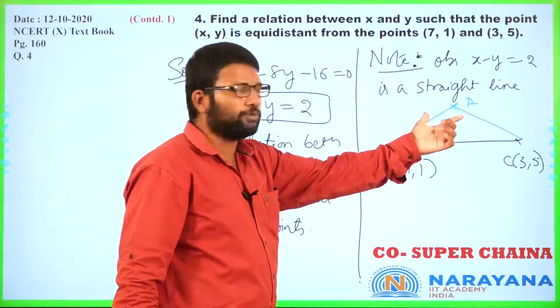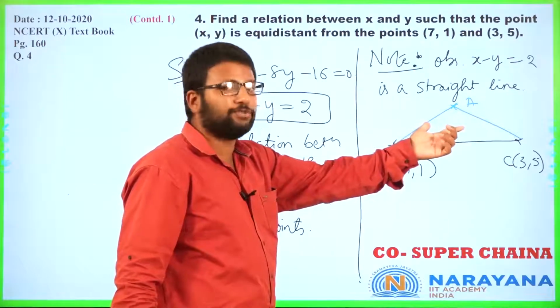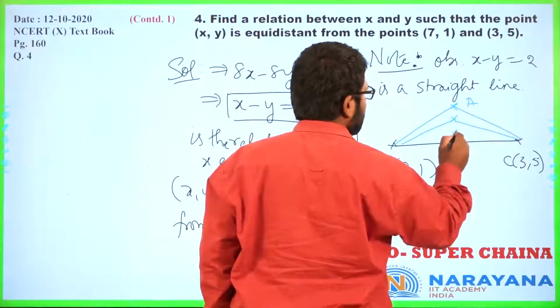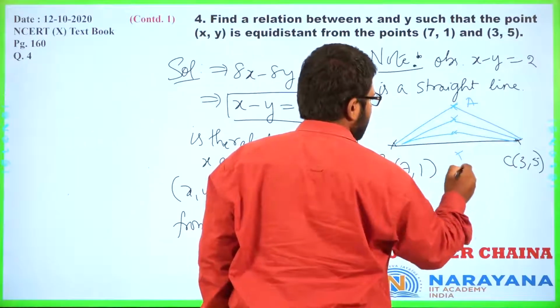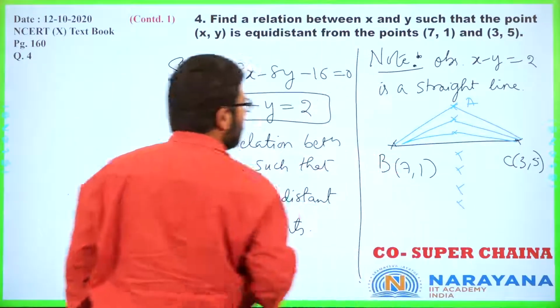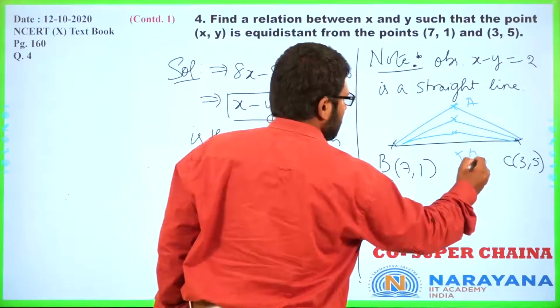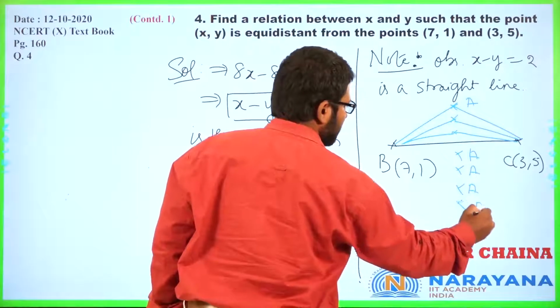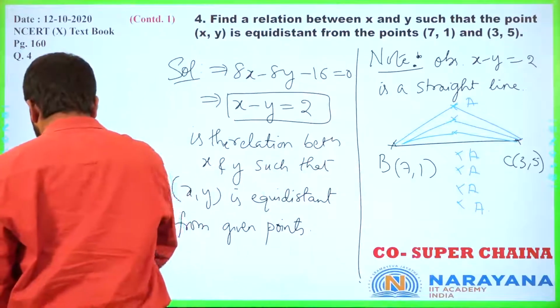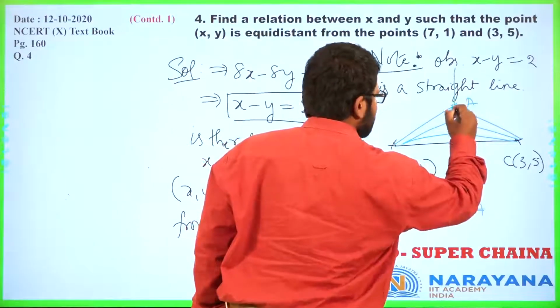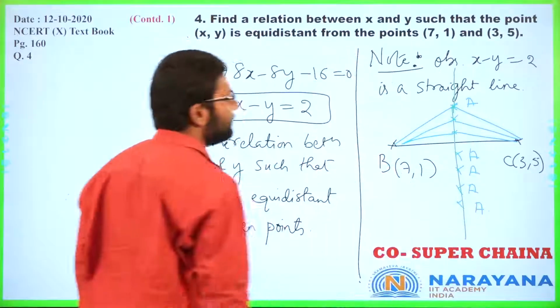We are only saying these two should be equal, which means this should be an isosceles triangle. But there are infinite isosceles triangles possible. Correct? Do you realize that all these points represent a possible position for point A? Which means A, x, y can lie anywhere on this straight line.